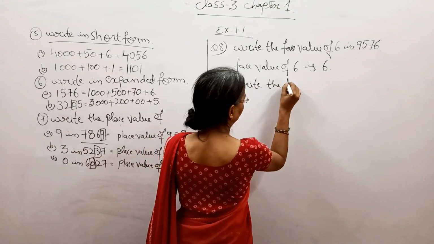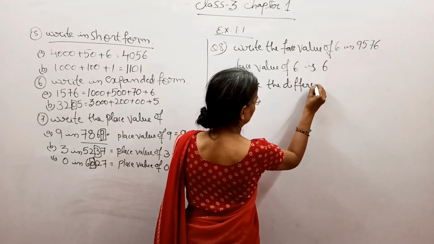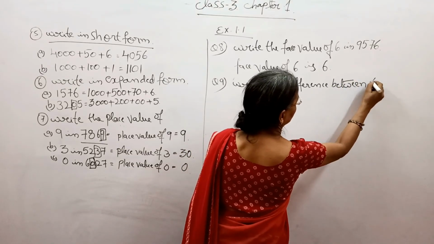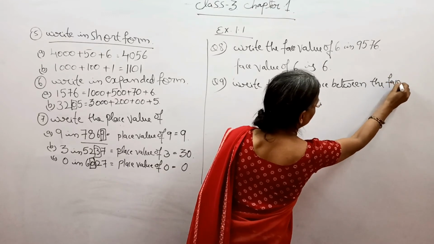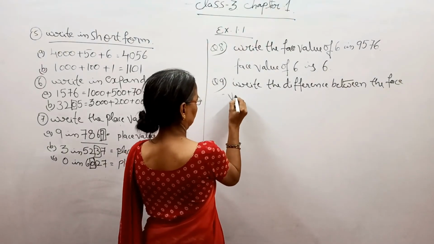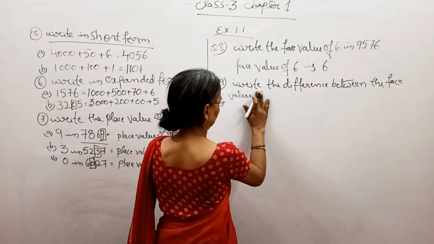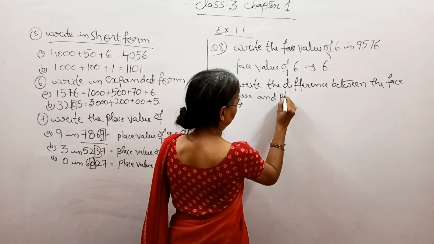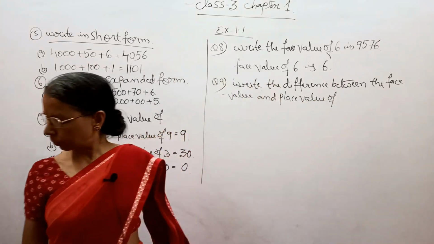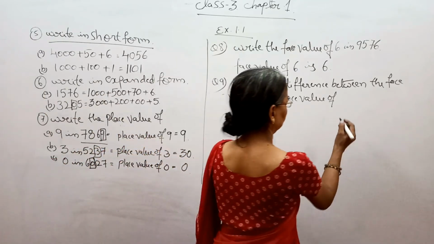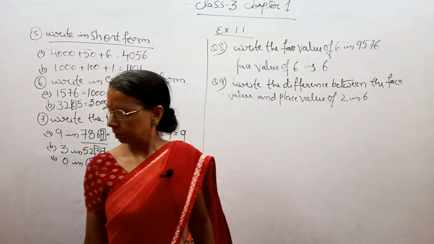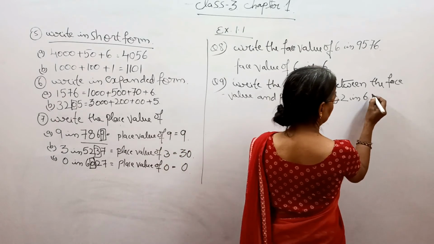Write the difference between the face value and place value of 2 in 6,293.